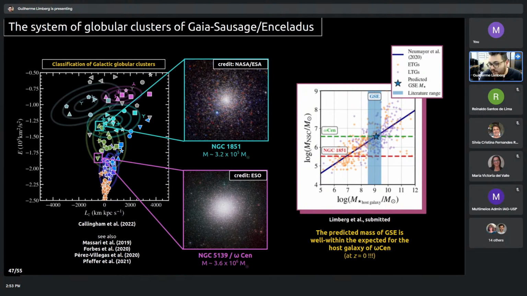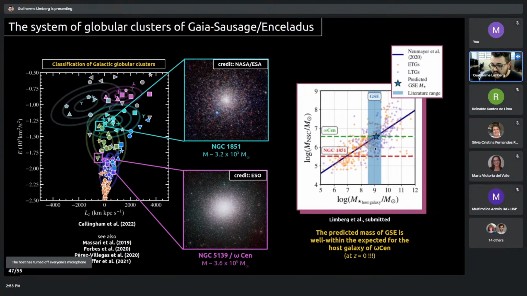And also, furthermore, if we consider that Omega Centauri is not the nuclear star cluster of Gaia-Sausage, there is no other accretion event throughout the history of the Milky Way with a galaxy that comes even close to being as massive as necessary to be the host of Omega Centauri.